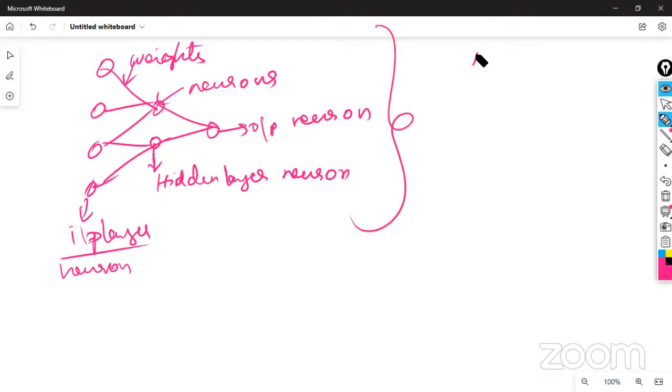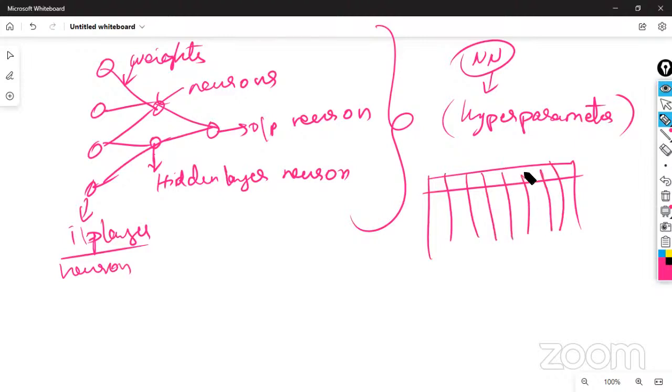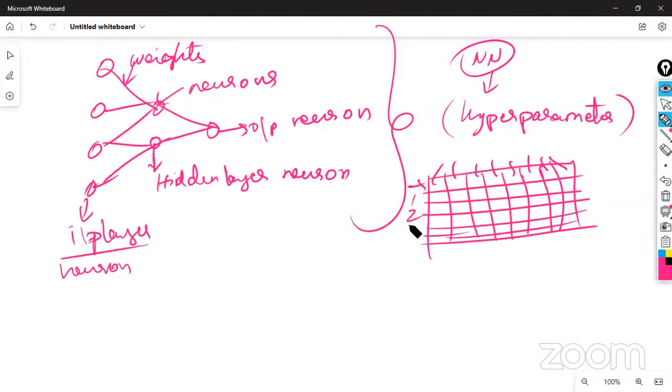In a neural network, we have hyperparameters. Let's say, for example, we have a data, and we have observations and we have features. All these are features, the first column. And from the second, you'll be having 100 data. We need to pass the complete data, all these.